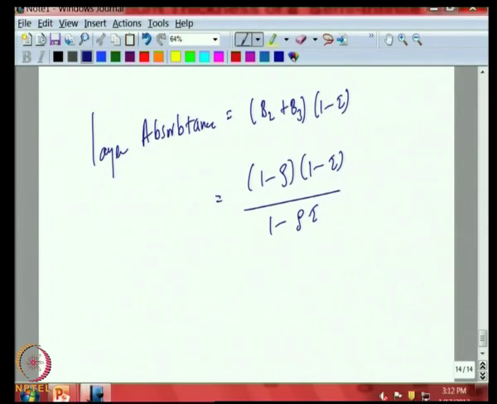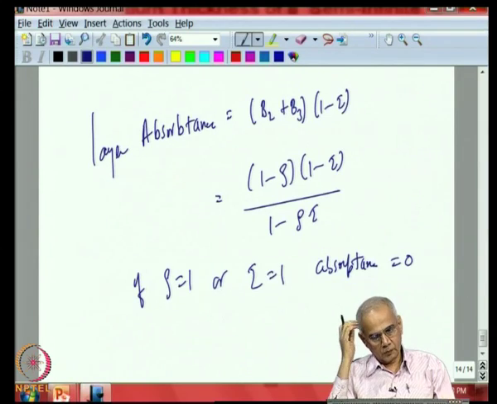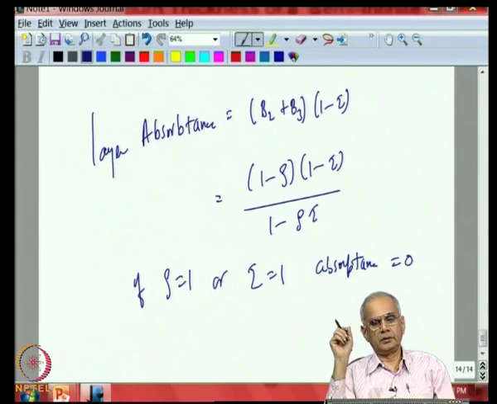Again you see that the layer absorptance is 0 if rho is 1 or tau is equal to 1. So, perfect reflection at the top interface or almost perfect transmittance implies there is no absorption in the medium.